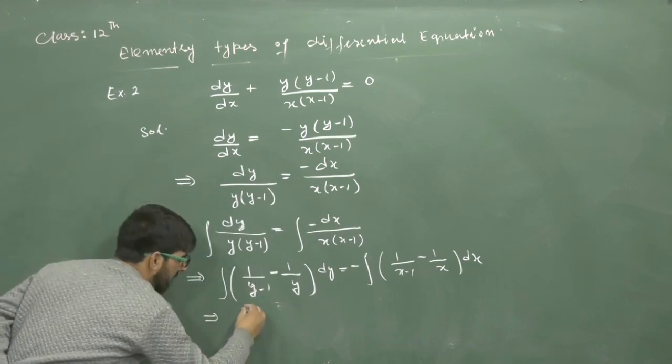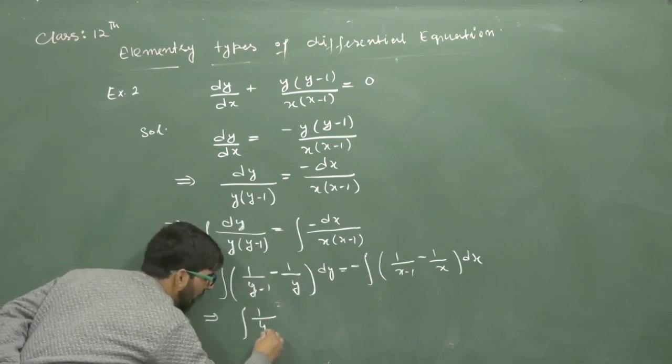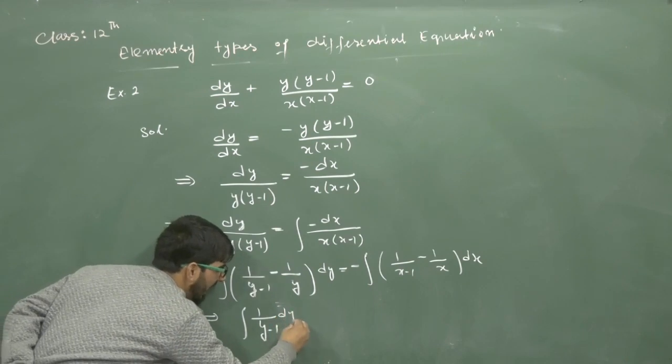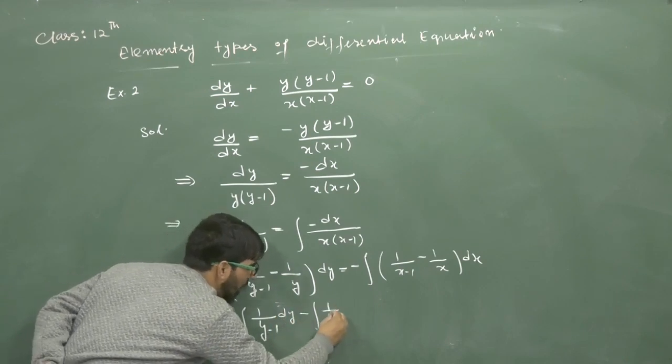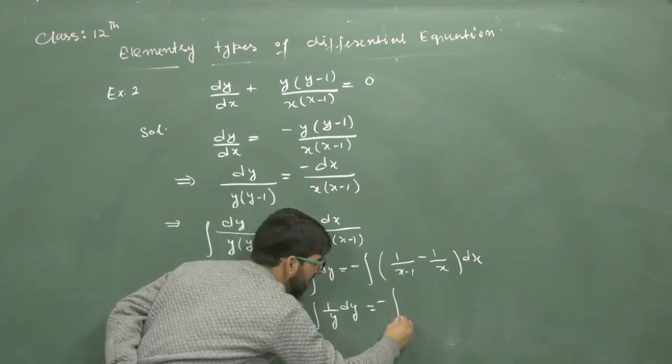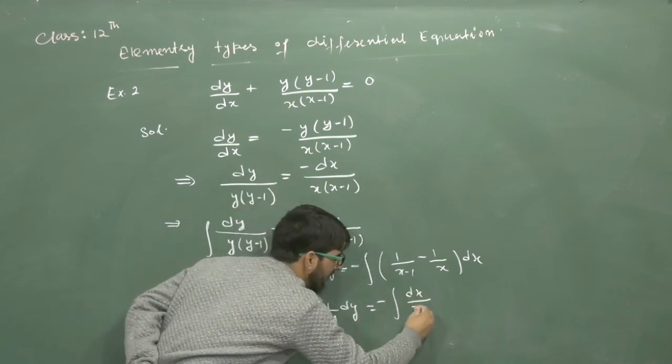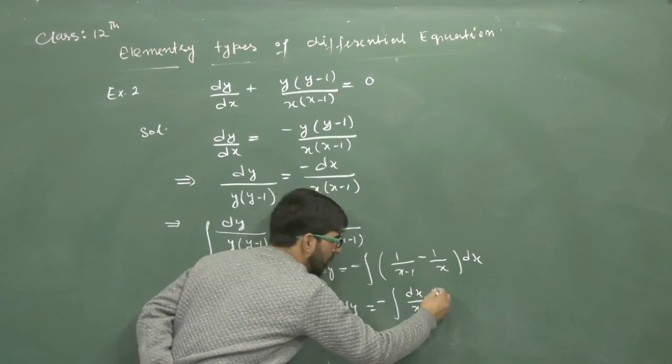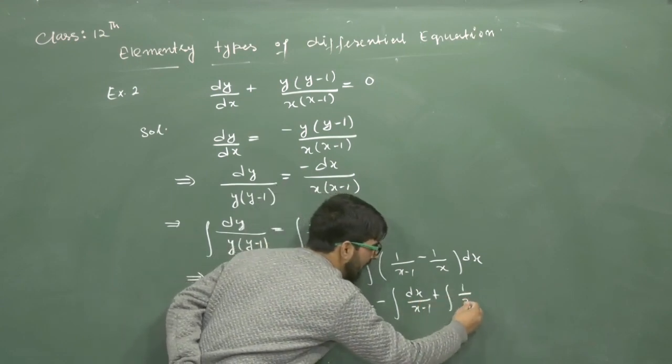So the integral of 1/(y - 1) dy minus the integral of 1/y dy is equal to minus the integral of dx/(x - 1) plus the integral of 1/x dx.